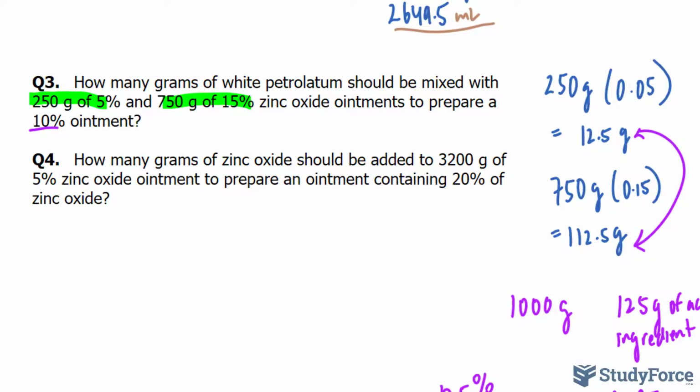Remember, let's stick to the goal of this question. How many grams of white petrolatum or petroleum jelly do we need to make 10%? So we're starting with a 12.5%, and the petroleum jelly consists of 0% active ingredient. So underneath this 12.5%, I'll put 0% active ingredient of the white petrolatum jelly.